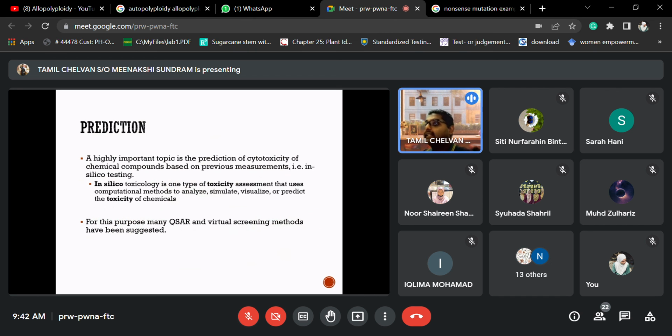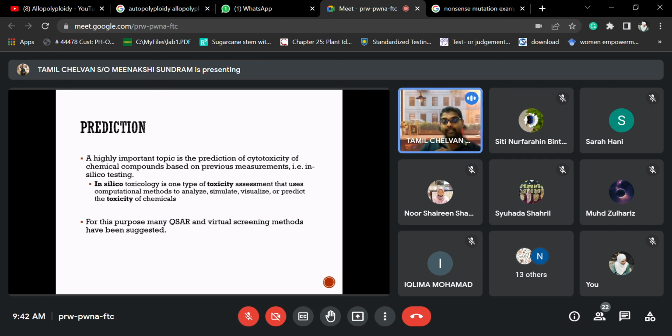Prediction. A highly important topic is the prediction of cytotoxicity of chemical compounds based on previous measurements, i.e. in silico testing. In silico means, okay, you compare the cytotoxicity of the previous measurements. Kan? So you don't need every time to test. Now we have data online mostly for many things.